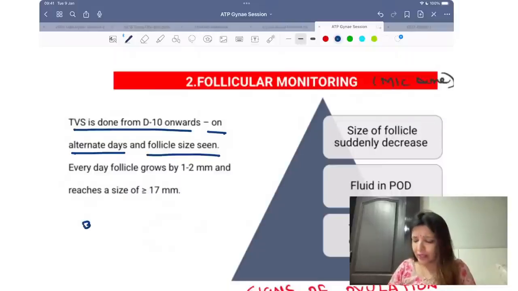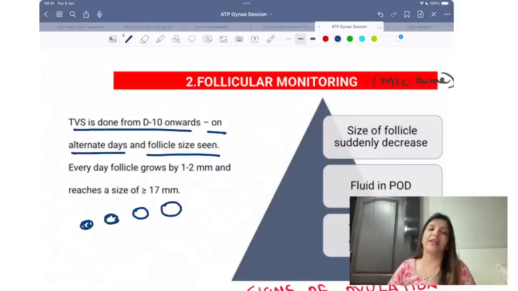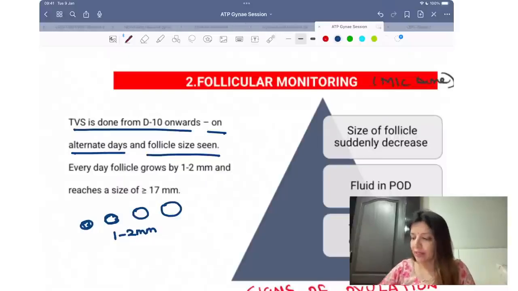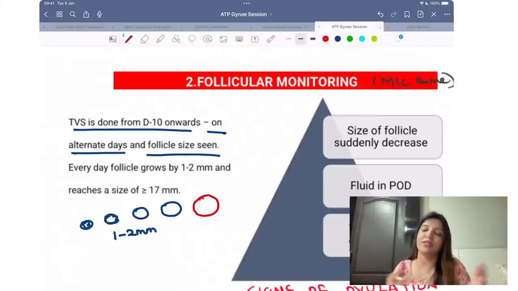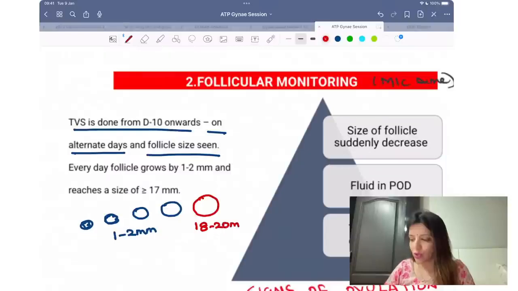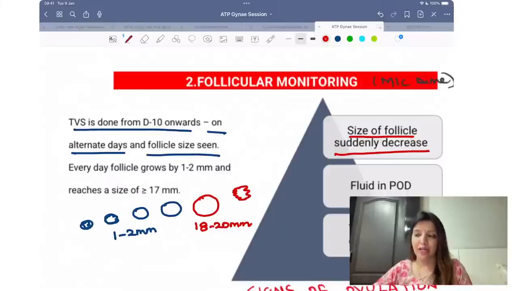Every day the size of the follicle increases by 1 to 2 millimeters. Ultimately, the size becomes 18 to 20 millimeters, or more than 17, that's one and the same thing. And after that, suddenly the size of the follicle decreases. That is going to tell you that she has ovulated.